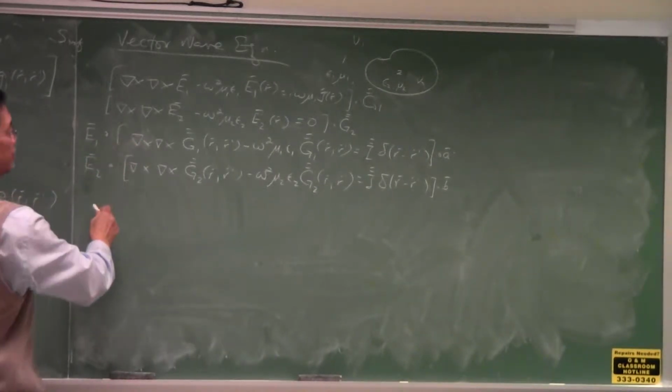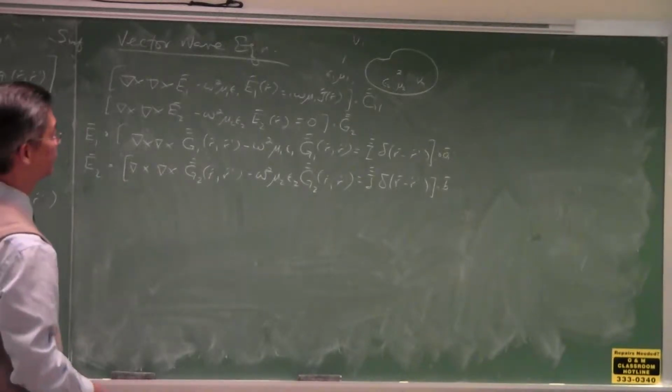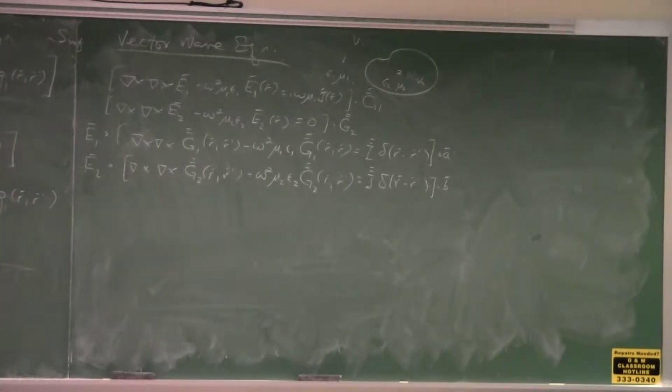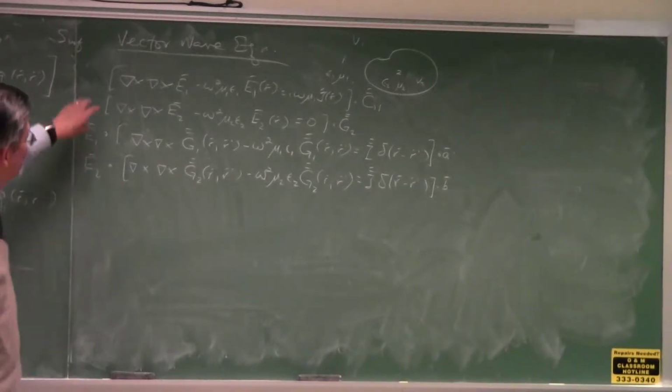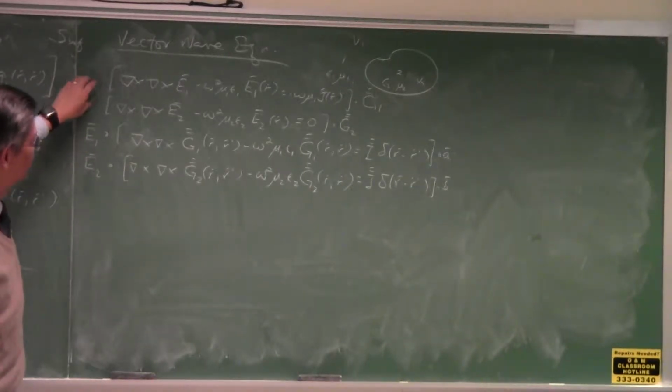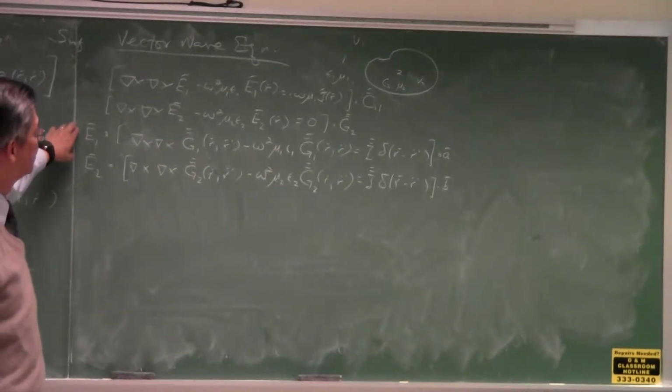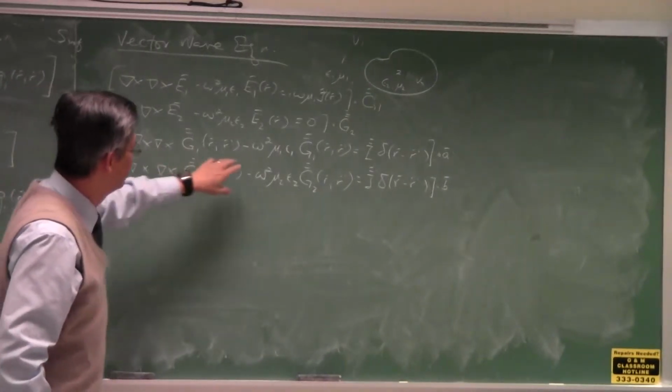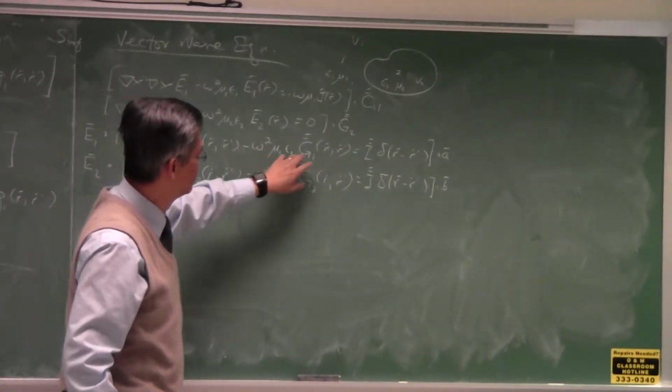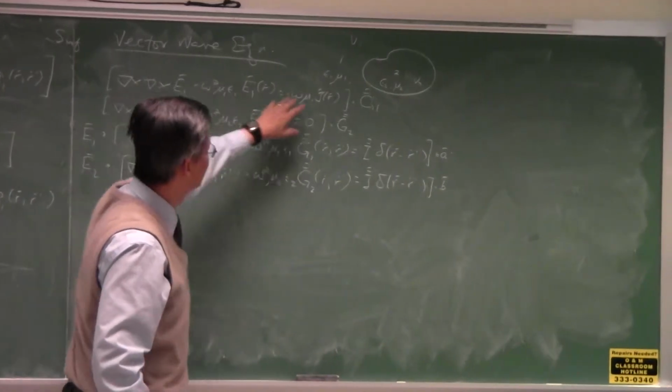Looking at this equation, again I have to multiply by E2. Then you do the same trick as we did before. Subtract this equation, and the middle term will disappear. E1 omega squared mu1 epsilon 1 G1 will cancel this term over there.